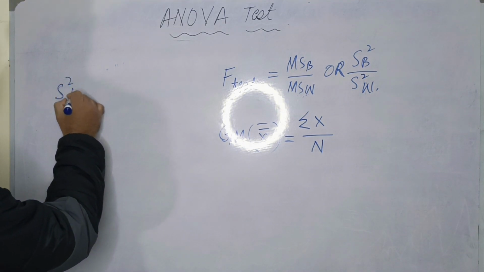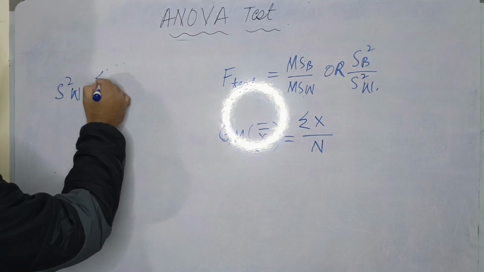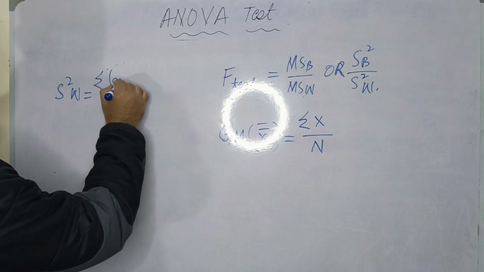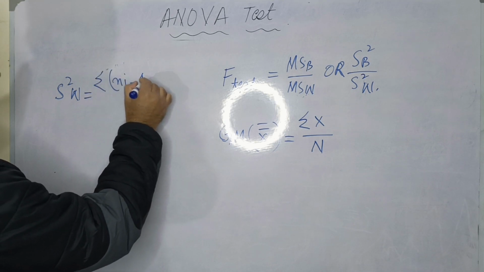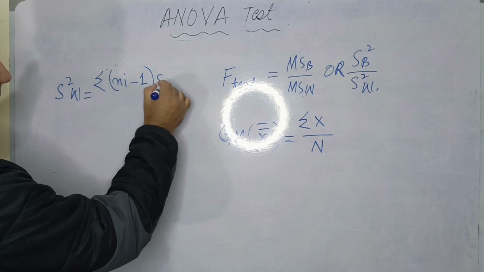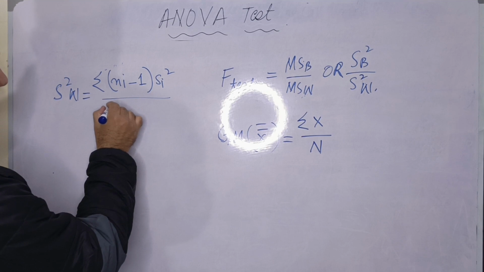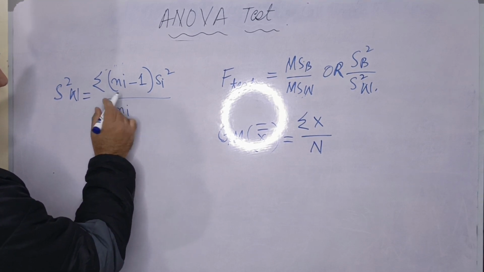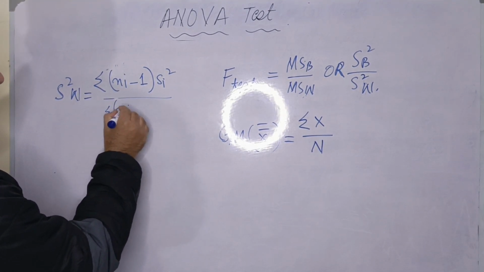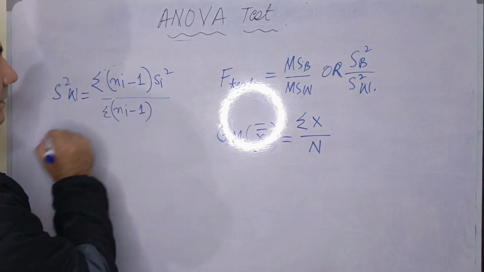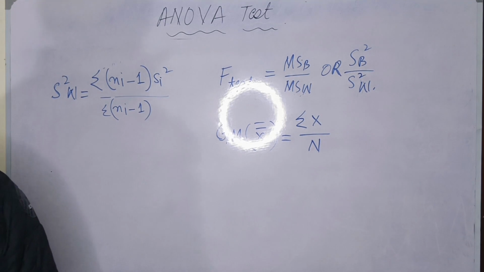Mean square within the group. So the mean sum of squares is equal to the sum of (ni minus 1) si square, where si square is the variance, divided by the sum of (ni minus 1).